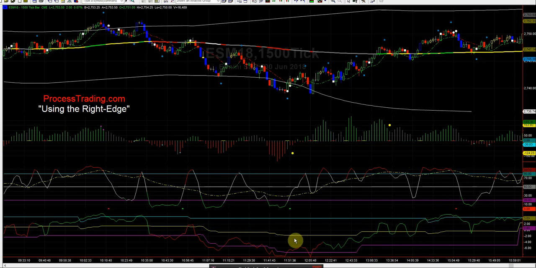So this pullback line is not just a midline, it actually is the pullback line, and you want to read it as such to see whether it's going to break it and continue down, or as it does so often, just serve as a pullback.